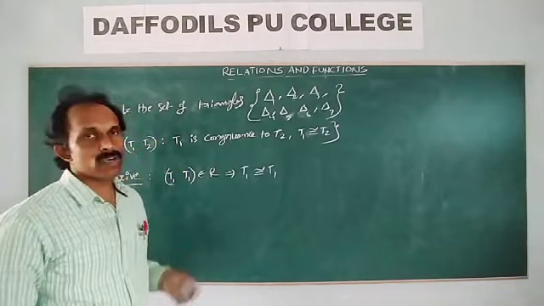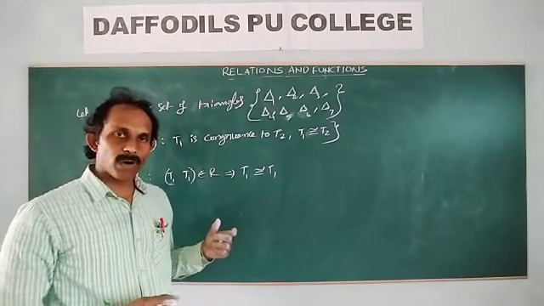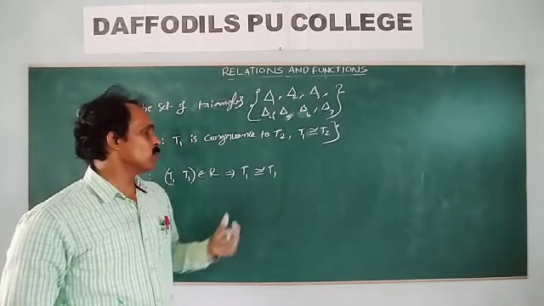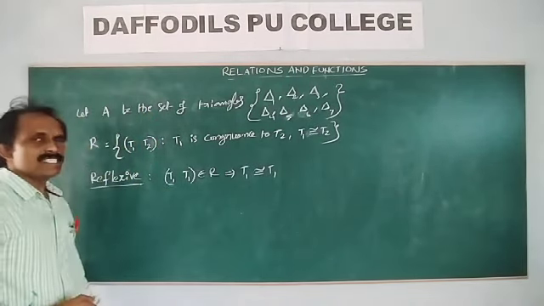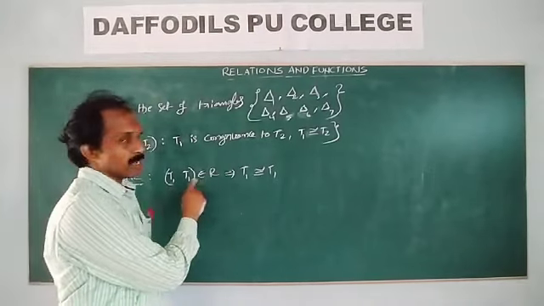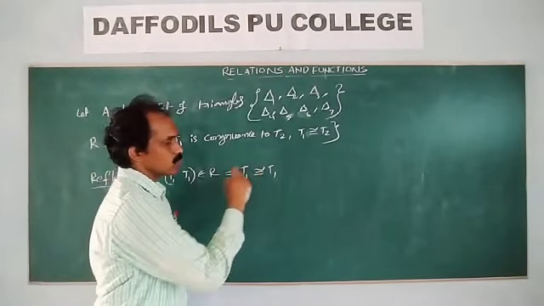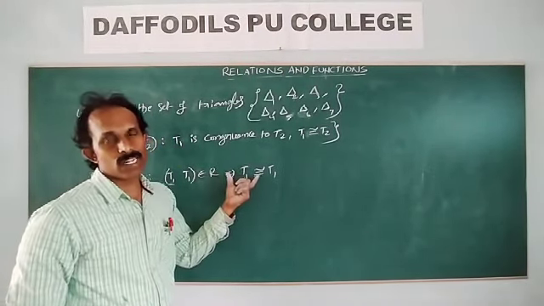That is called congruent triangles, meaning each and every part is equal. That is nothing but congruence, right? Every triangle T1 is congruent to T1.